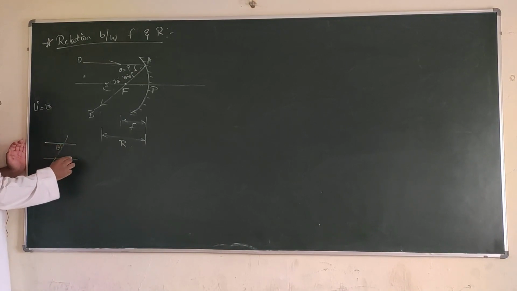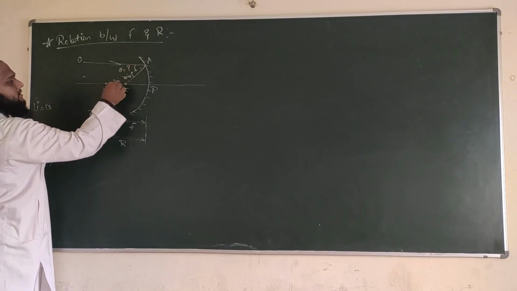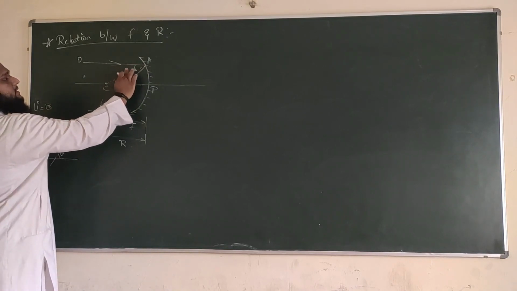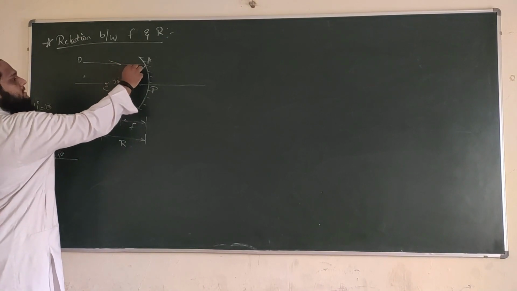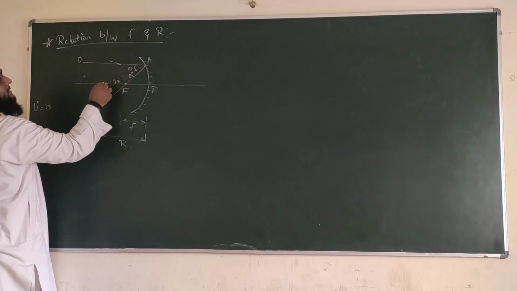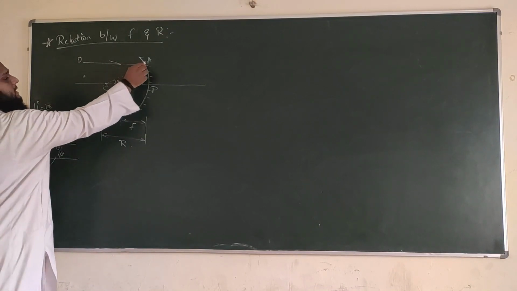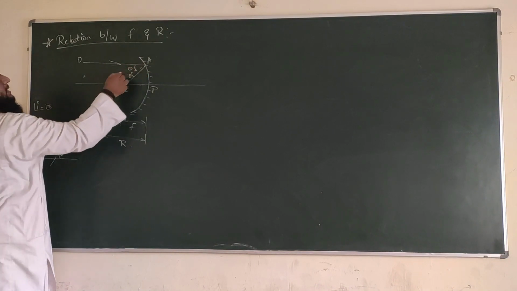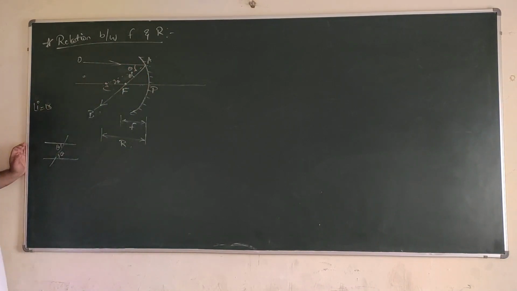A Z used to be formed, and this would become theta. Similarly, a Z is formed here, so this becomes theta. Let me write these two as theta, because here there is not enough space. Clear? So OAC, CAF, CAB, to be honest, is theta, and ACP is also theta.